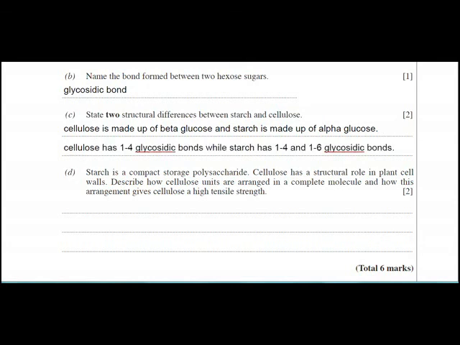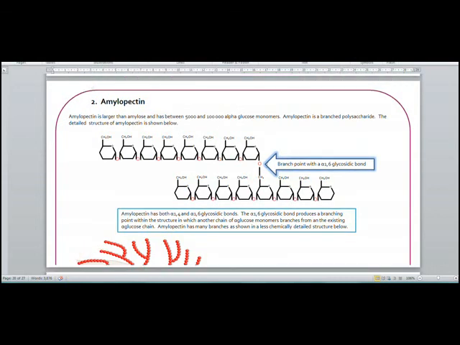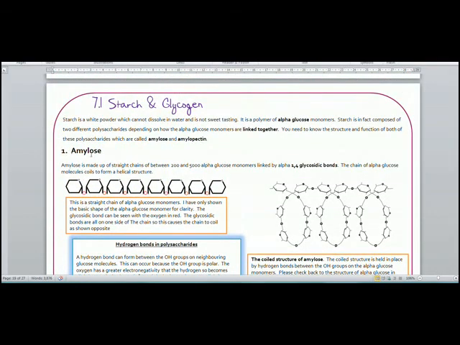There's my second structural difference. I've said cellulose has 1,4 glycosidic bonds, while starch has 1,4 and 1,6 glycosidic bonds. If I pull up the notes that are in the app, I've got a diagram here of amylopectin. You've got to remember that starch is made up of two different polysaccharides: one is amylopectin, and the other one, if I scroll up, is amylose.